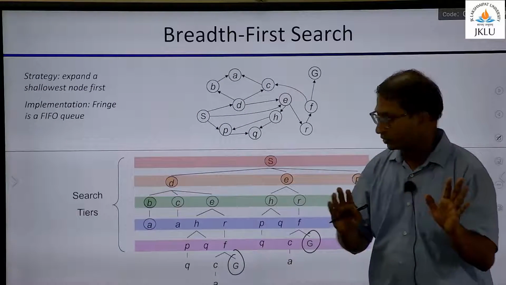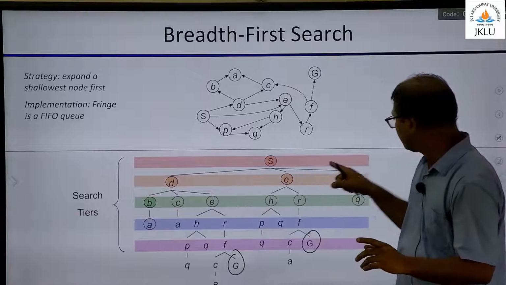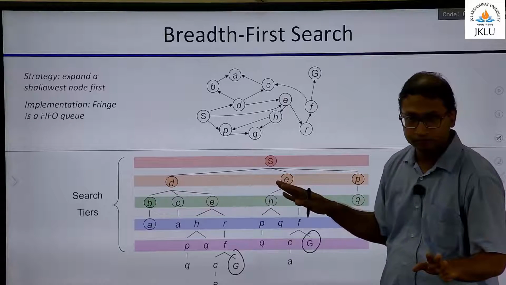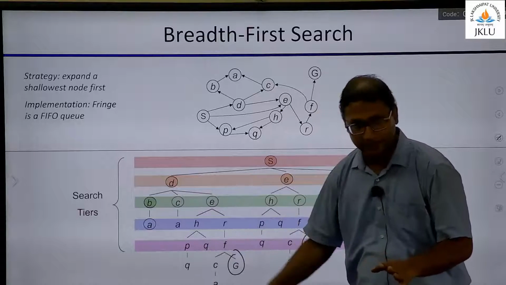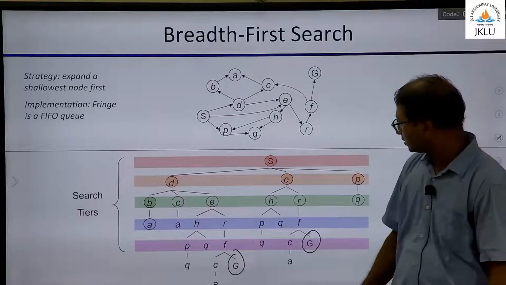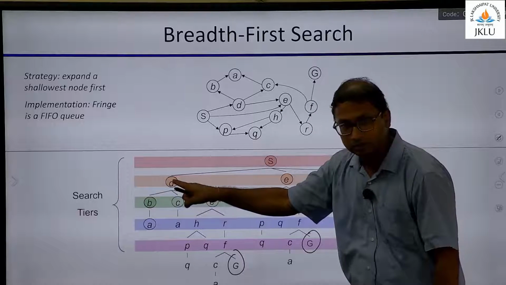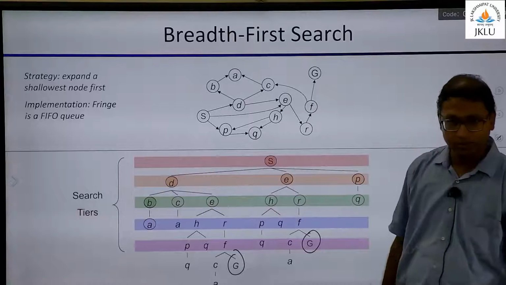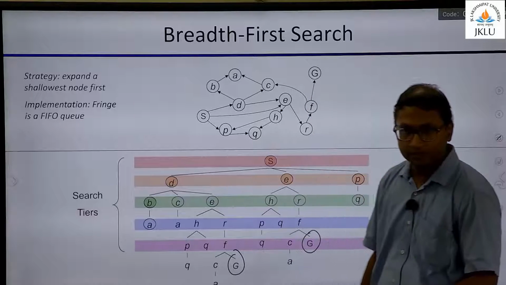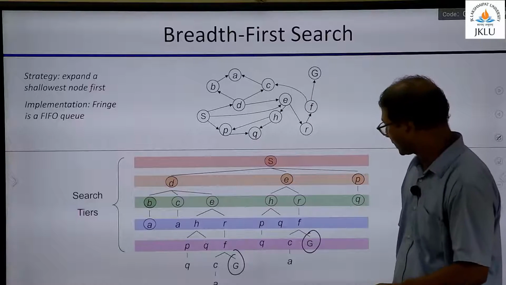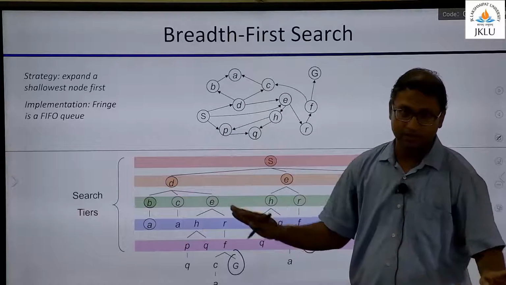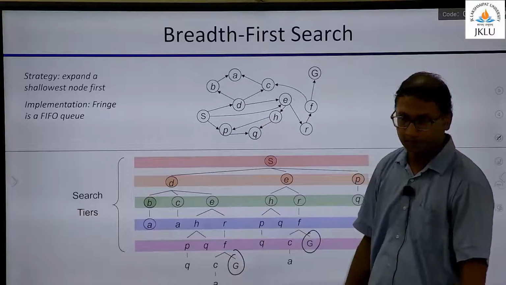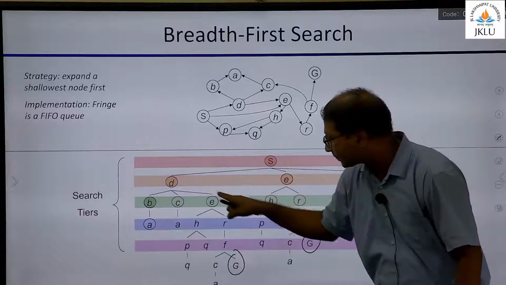Look, friend, you have expanded D, E, P, right? Now you have this as fringe. Expand this whole thing again. S will be expanded, which gives D, E and P. Then D will be expanded, then B, C, E. And E appears twice, what does that mean? In this raw tree, yes. Because I have a path here, I have a path here.